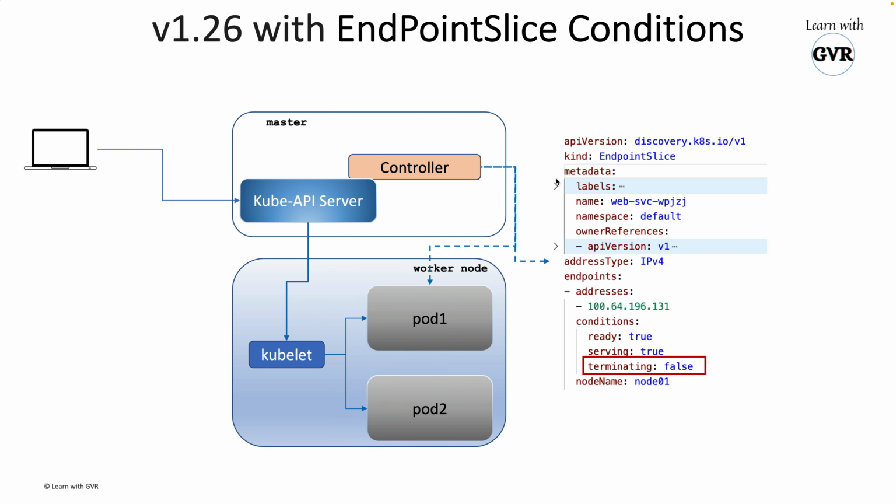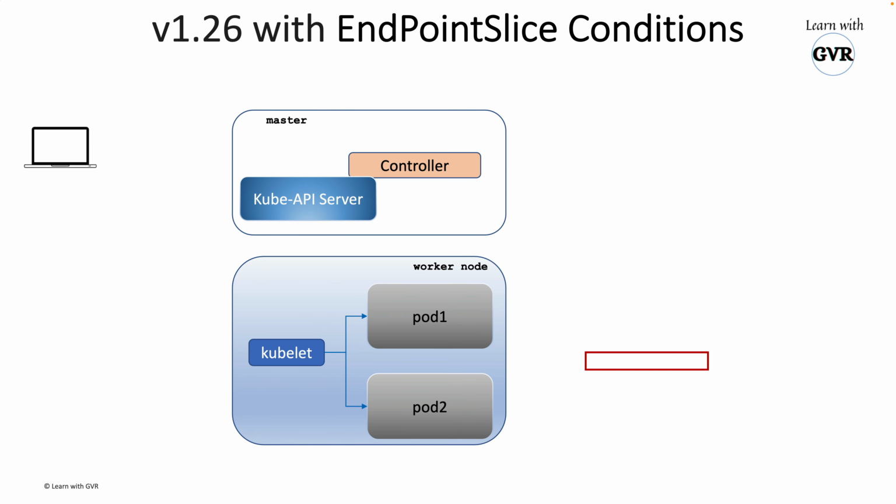This controller updates it with respect to traffic. That's how endpoint slices are useful in 1.26.